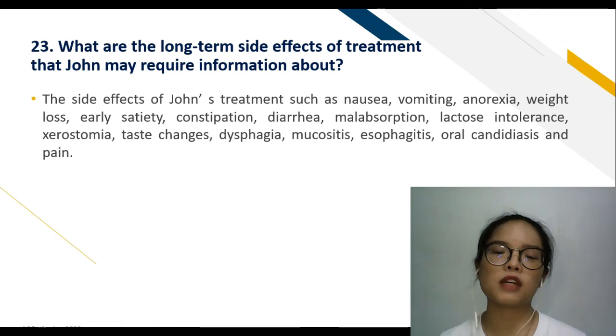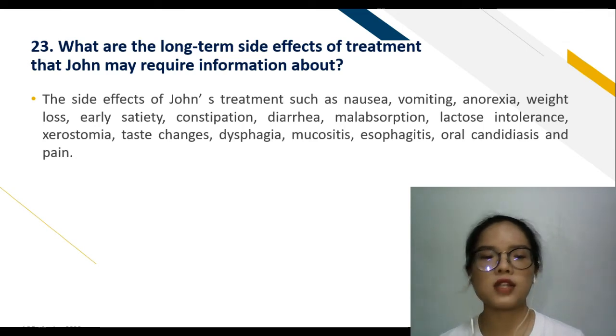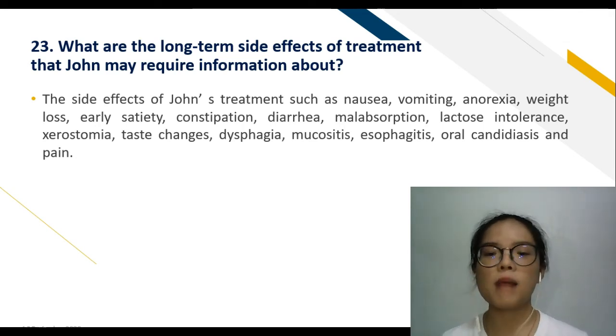The long-term side effects of treatment that John may require information about are nausea, vomiting, anorexia, weight loss, irritability, constipation, diarrhea, malabsorption, lactose intolerance, xerostomia, taste change, dysphagia, mucositis, esophagitis, oral candidiasis, and pain.